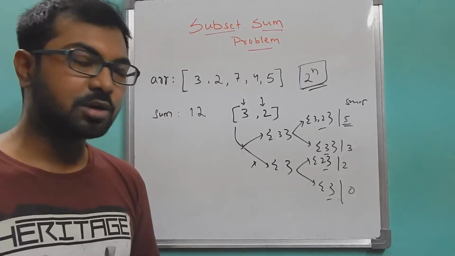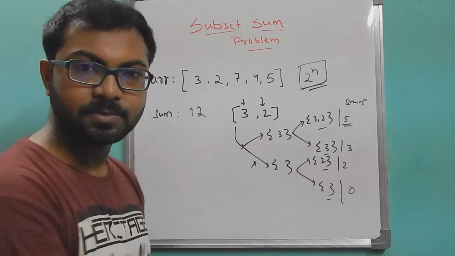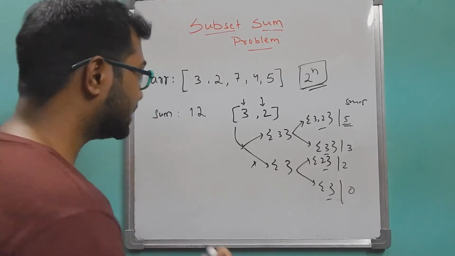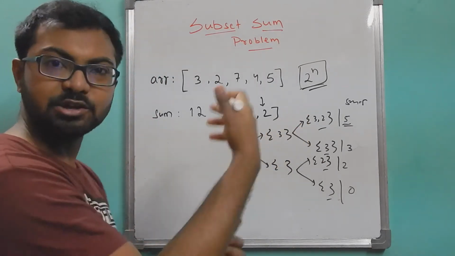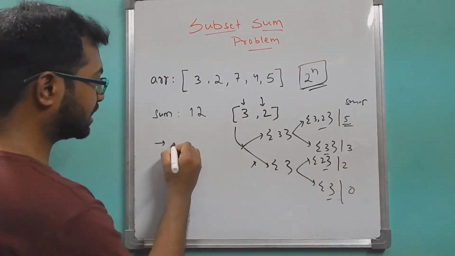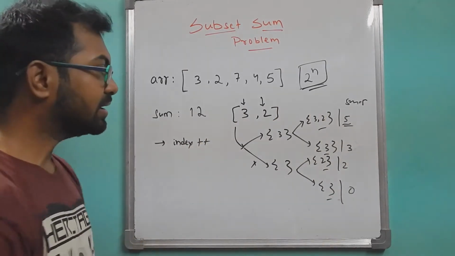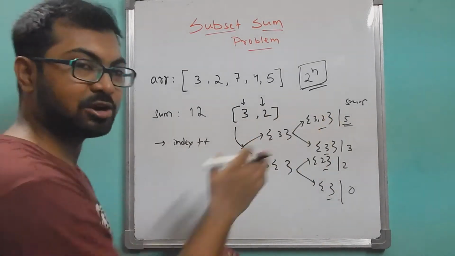So one thing you can observe here is we have 2 options at every step, and what all we are doing here is we are incrementing from one index to another. We are jumping from one place to another in an array. So first thing is we are incrementing the index at any cost, right? Whether or not we are taking it or not.